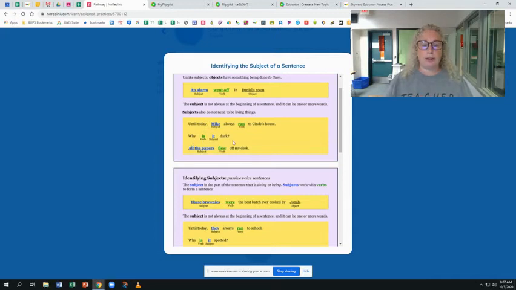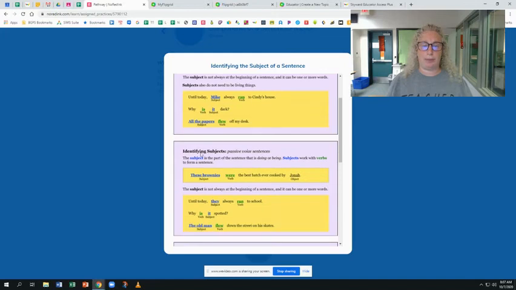Why is it dark? Is is the verb. What is? It is. Dark is not it. It is the subject. All the papers flew off my desk. Flew is the verb. What is flying? The desk isn't flying. The papers are flying. Therefore, all the papers is the subject.